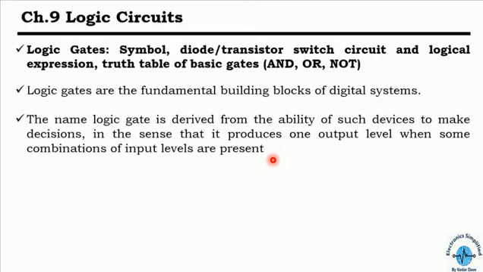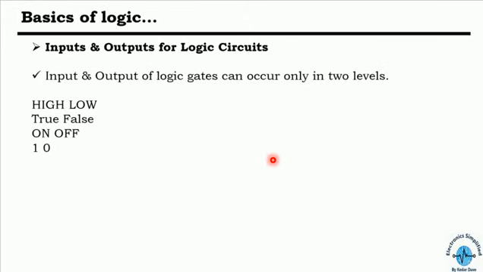In logic circuits there are a few levels defined, input levels or output levels. They are high, low, true, false, on, off, or we can say 1, 0. These are the two levels which are generally taken into account whenever we discuss digital circuits.